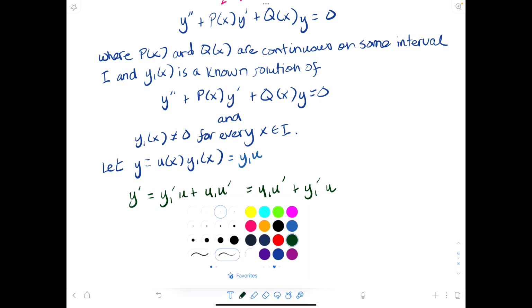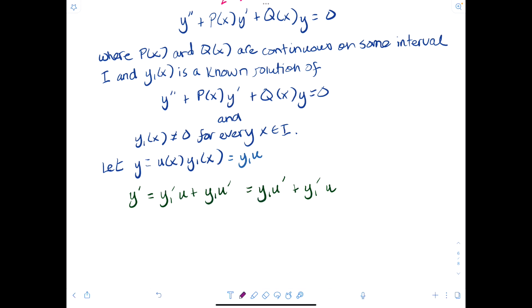and then y double prime is going to be y1 prime u prime plus y1 u double prime, that's the first term, and then plus y1 double prime times u plus y1 prime times u prime.